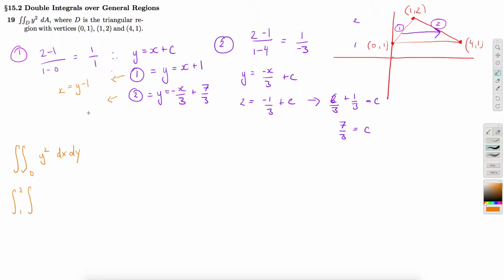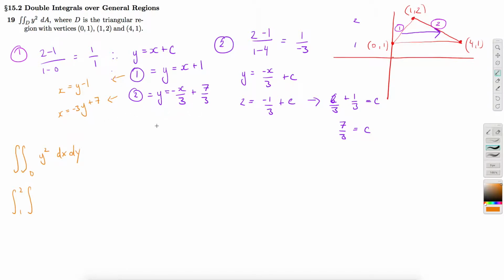And this one will become x equals negative 3y plus 7. I think that's where my mistake is.